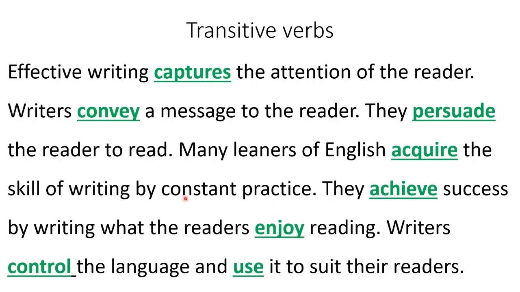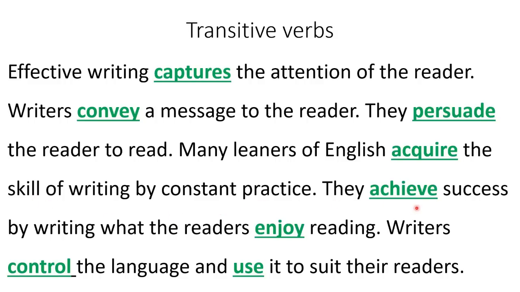So these 2 nouns are joined by prepositions. They are prepositional objects. But acquire has a direct object, the skill. Learners acquire the skill. That is what the sentence is. So learners is subject, acquire is verb, the skill is object. Again, making it into a transitive verb.